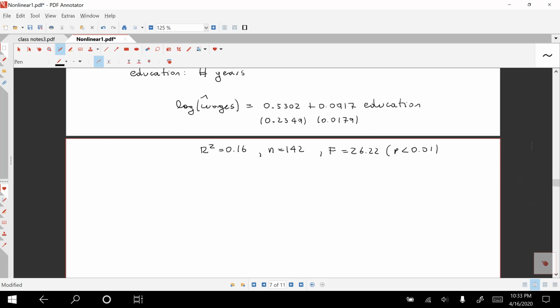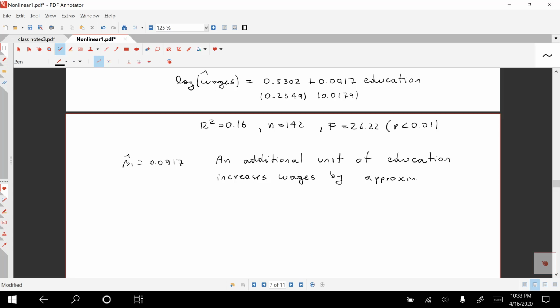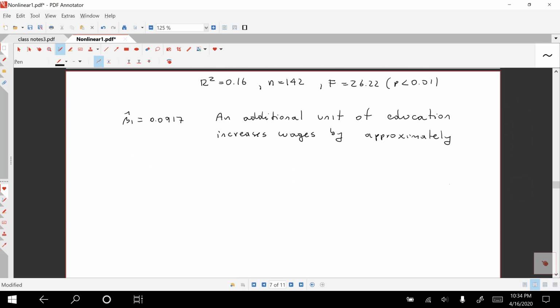So we can say that an additional unit of education increases wages by approximately, and remember, we have to multiply that coefficient times 100, and we interpret it as a percentage.